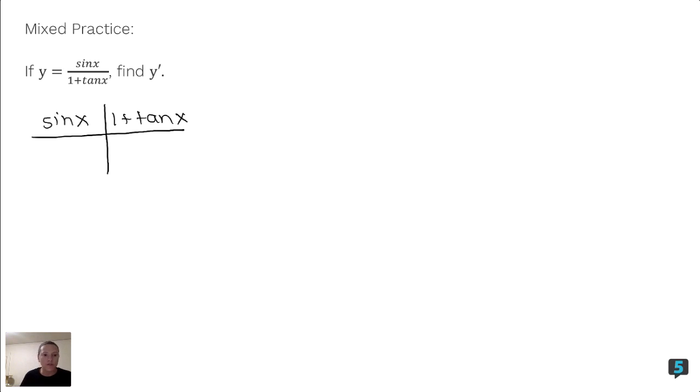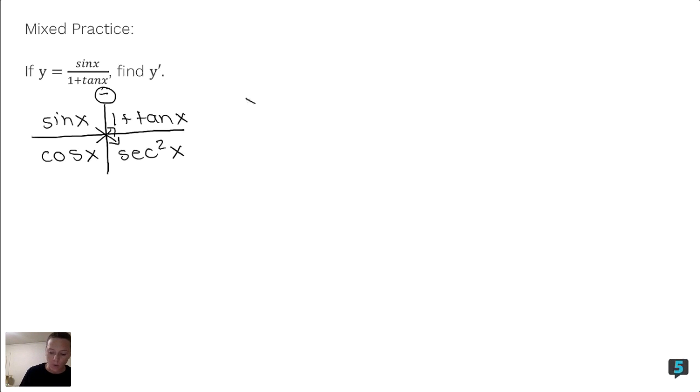All right, what's the derivative of sine x? Cosine x. Derivative of 1 plus tangent x is going to give me secant squared x. We're crissing and we're crossing, and this time because it's quotient rule, we have to make sure that we use the minus.